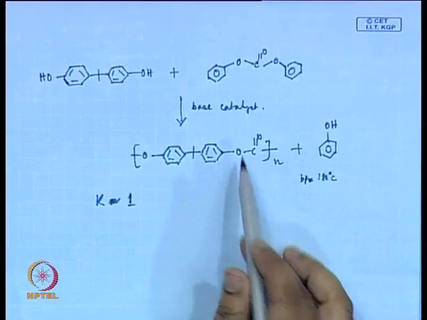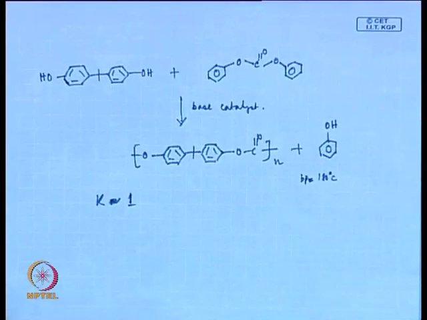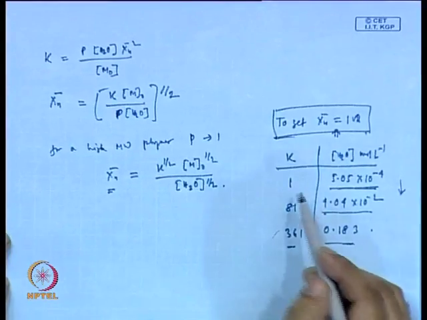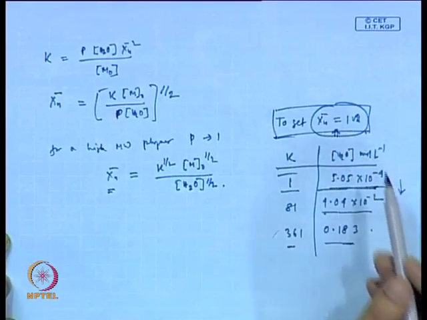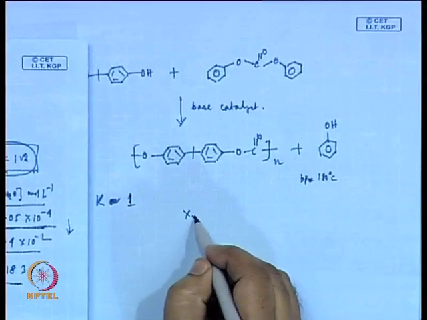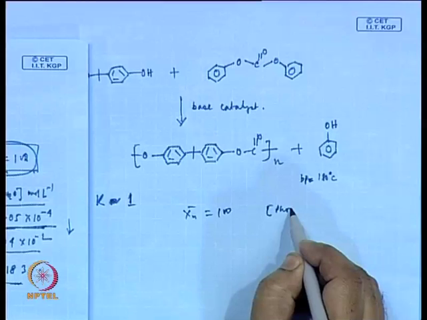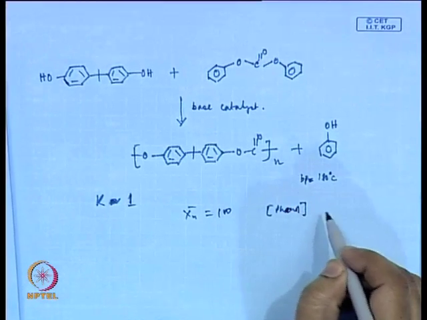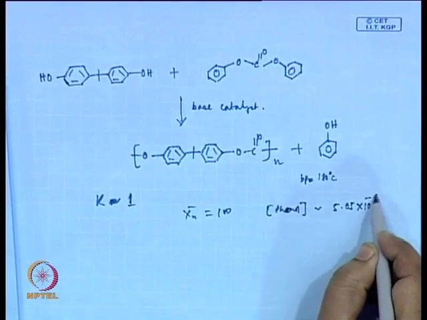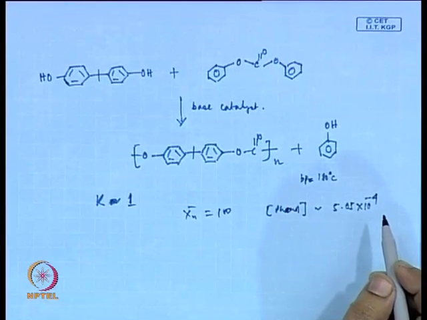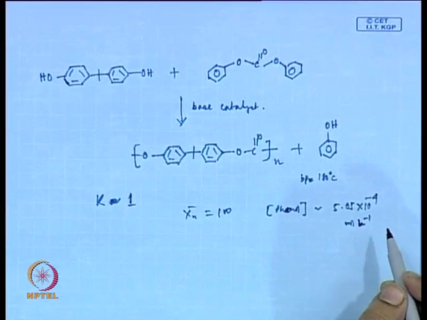So, here to build a molecular weight, if I consider this same as the H2O case in the last slide, this K is 1. So, to build an Xn of 100, the phenol concentration should be 5.05 times 10 to the power minus 4 moles per liter.